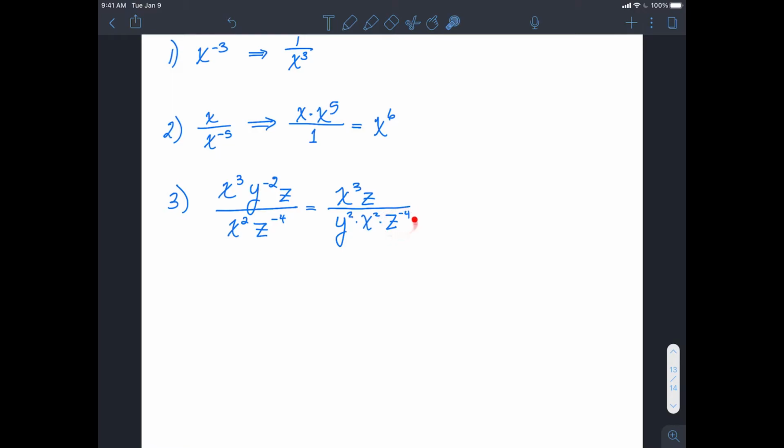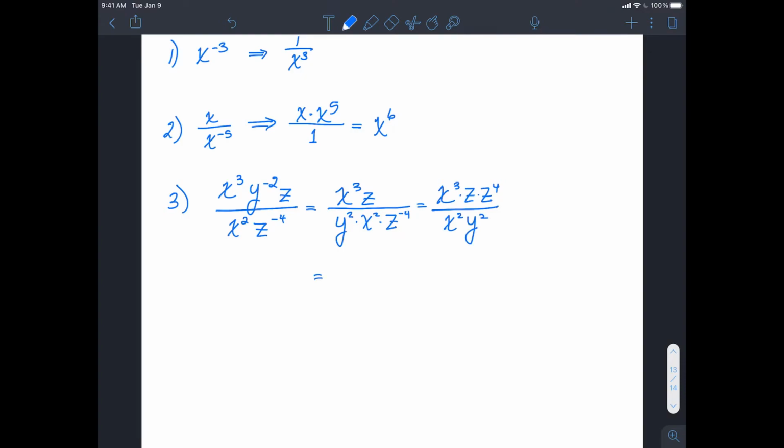Next, we have a negative exponent in the denominator that we can move up to the numerator. So this would be x to the third times z to the fourth over, and I'll just flip these around and put them in alphabetical order, x squared, y squared.